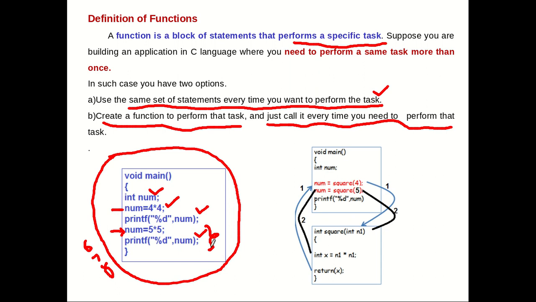We can reduce this duplication by using the concept of a function. Here we have implemented a separate set of instructions, separated from the main program. This is the main program and this is the function body.